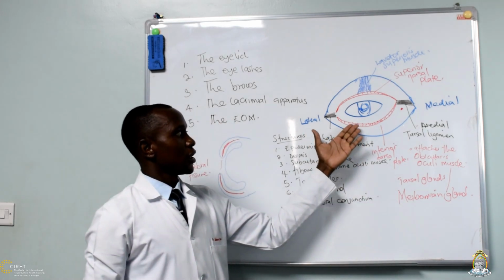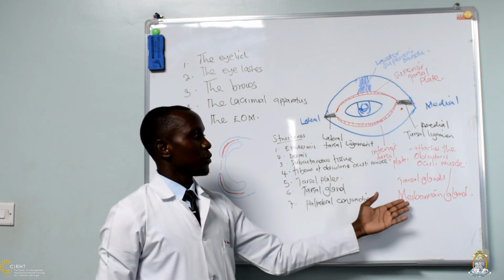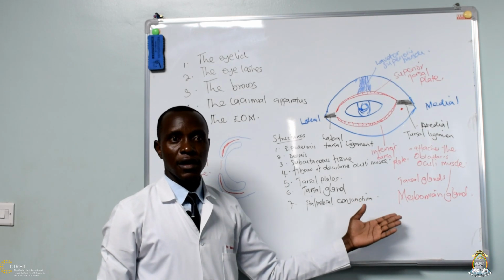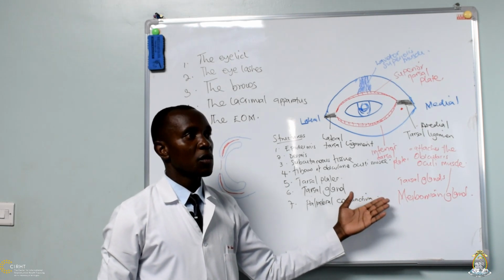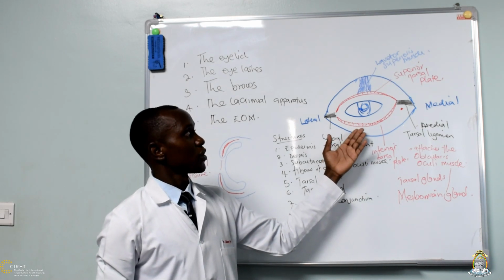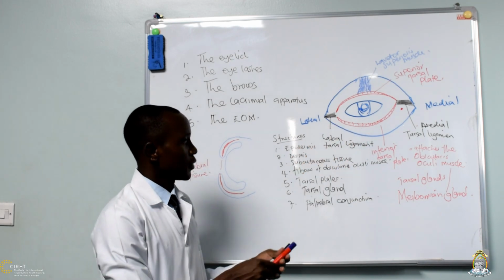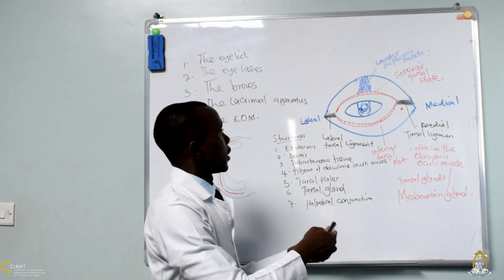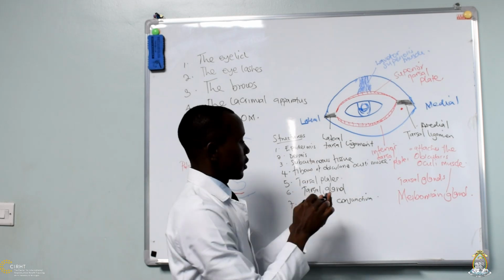It is located within the tarsal plate here. Now, this Meibomian gland secretes a very important fluid that helps prevent the eyelid from adhering onto the surface of the eyeball.